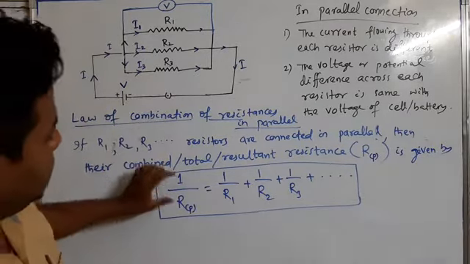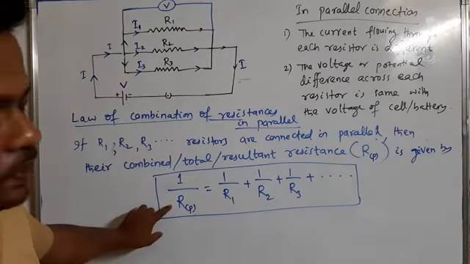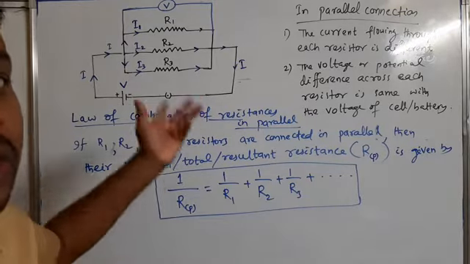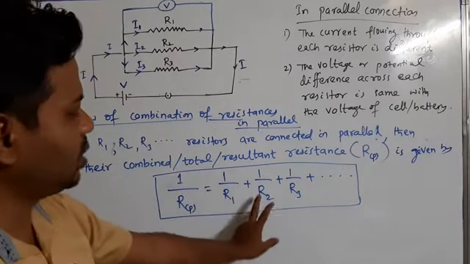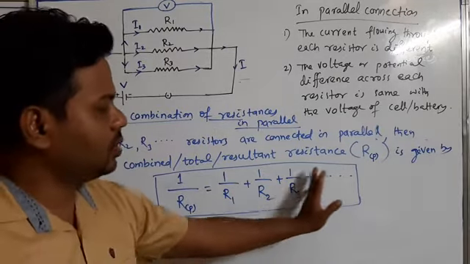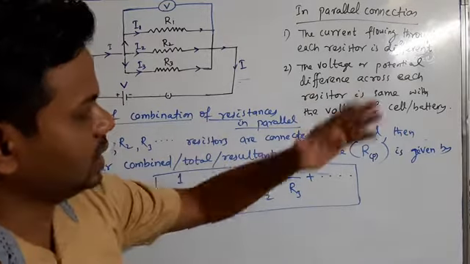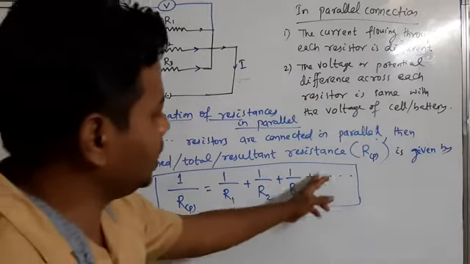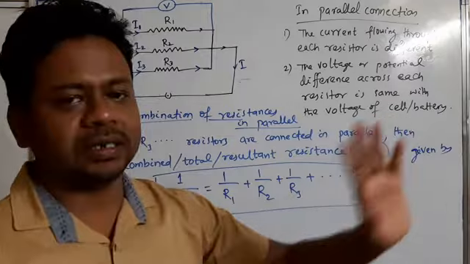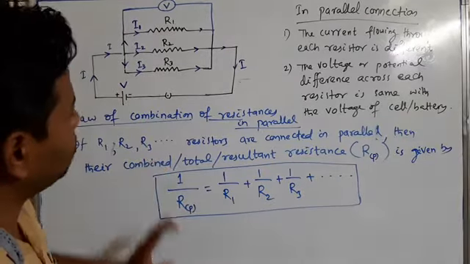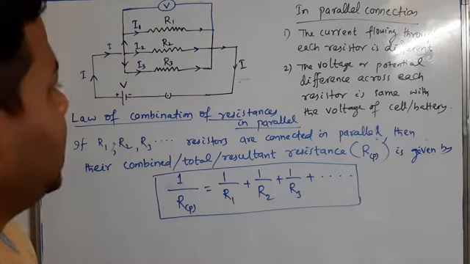In parallel connection, directly you cannot find out the total resistance. You will find out the reciprocal of the total resistance. The dots mean however many resistors are connected in parallel, you have to add like this, 1 by R4, 1 by R5, like that. So this is the formula for finding out total resistance in parallel connection.